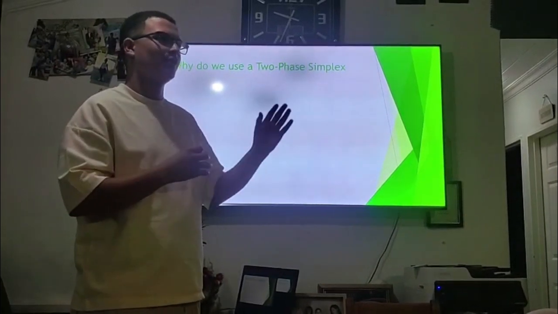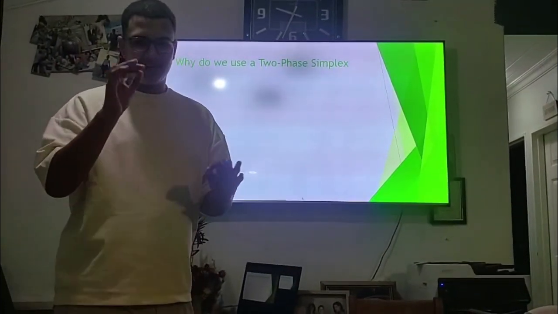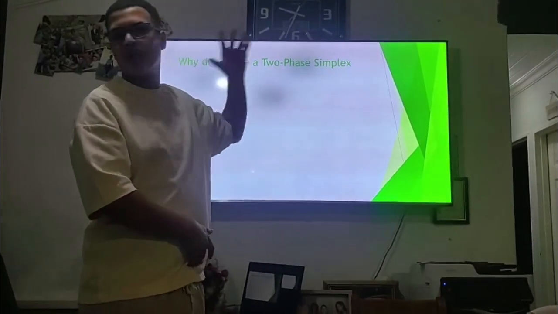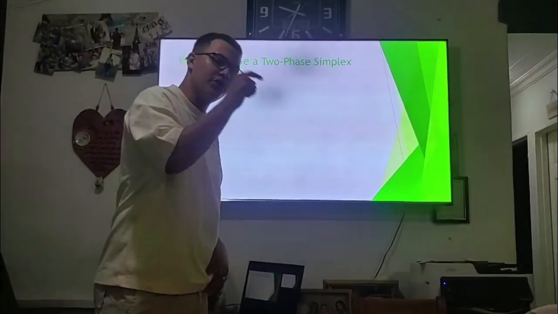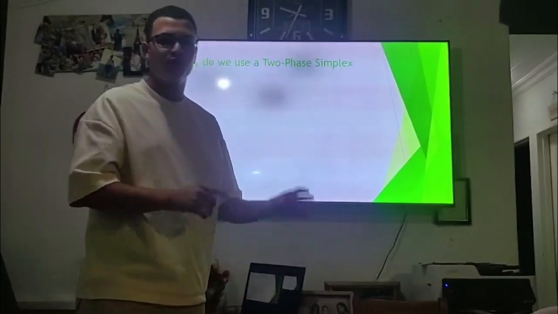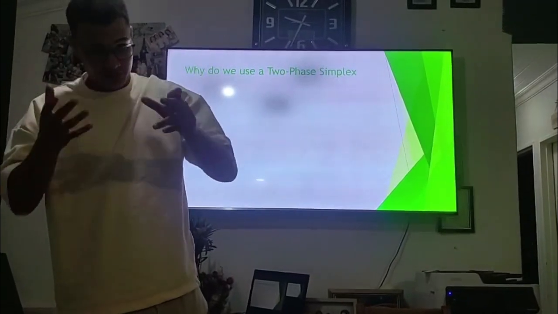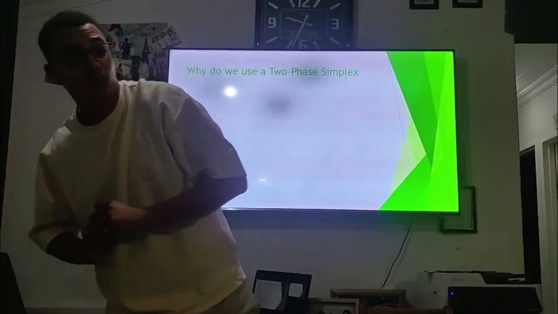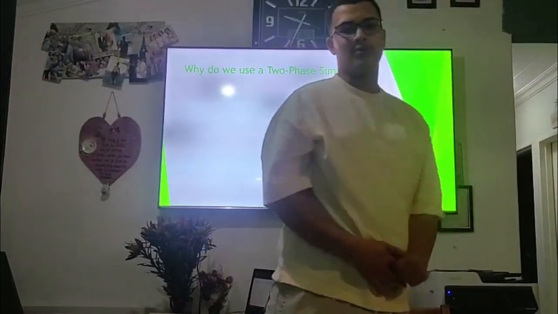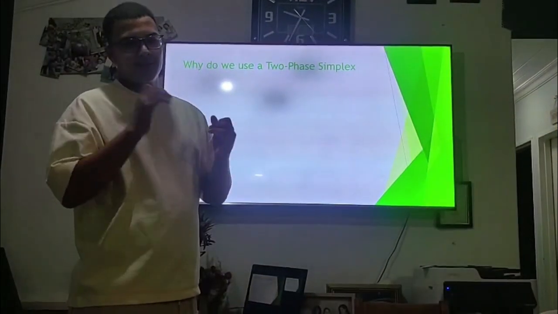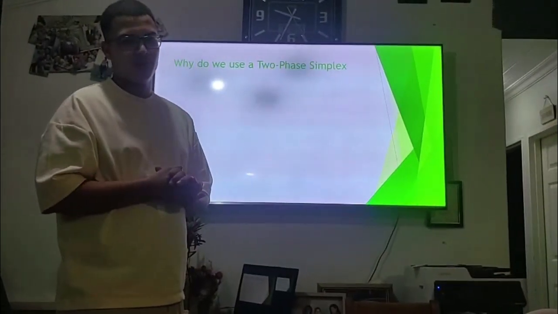When you see there's a greater than or equal to sign in one of your constraints, then you know you need to use the two-phase algorithm because you're not in the feasible area, and since we're not in the feasible area, we first need to go to the feasible area. That's why you need a two-phase simplex algorithm.